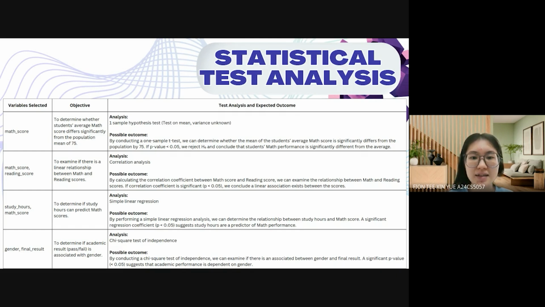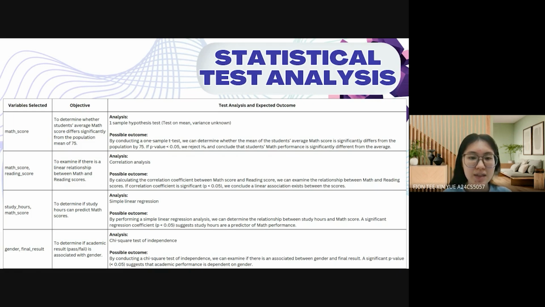By conducting a one sample t-test, we can determine whether the mean of the students' average math score is significantly different from the population mean of 75. If the p-value is less than 0.05, we reject the null hypothesis and conclude that students' math performance is significantly different from the average.